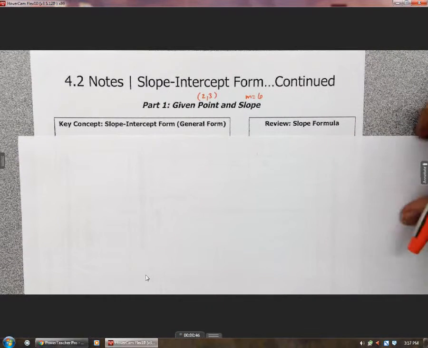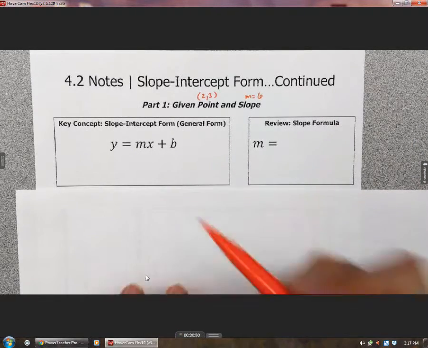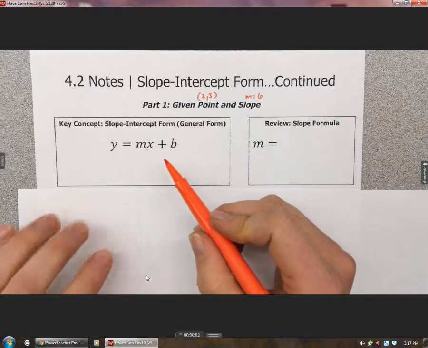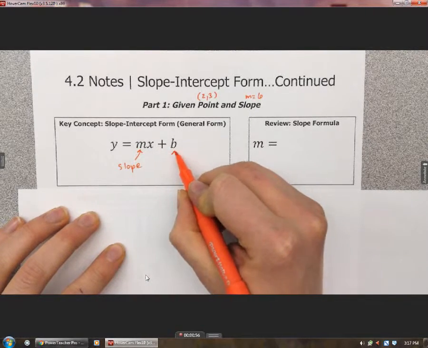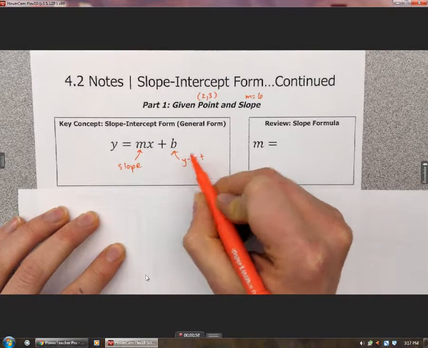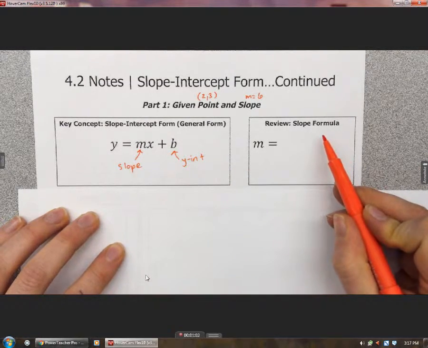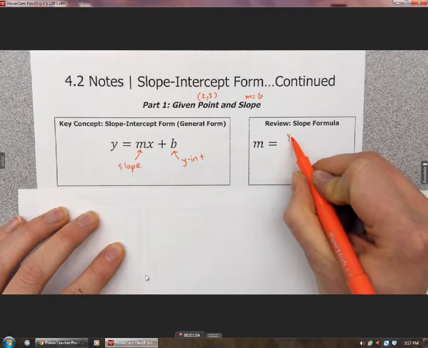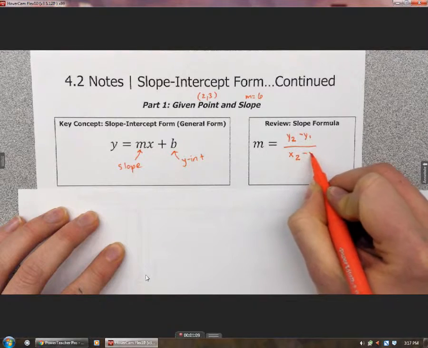So I'm going to show you a couple things here. We already talked about this yesterday. This is review. We said that m is the slope, b is the y-intercept. And we learned in Chapter 3 about the slope formula, which is y2 minus y1 over x2 minus x1.